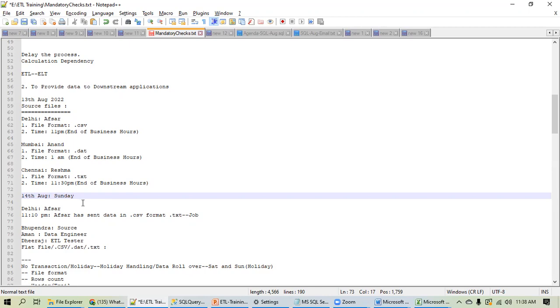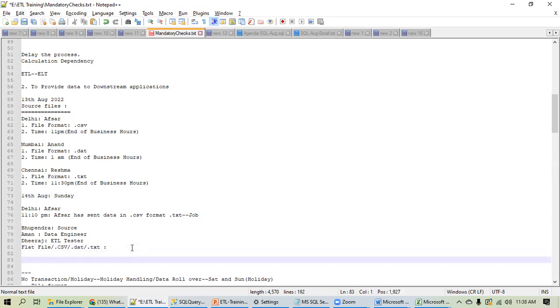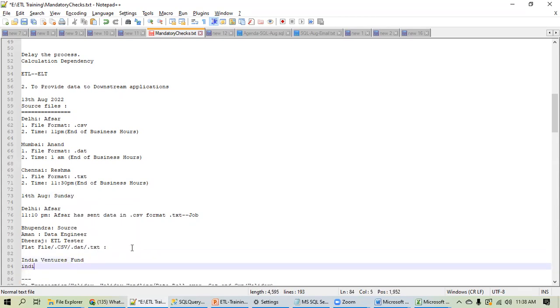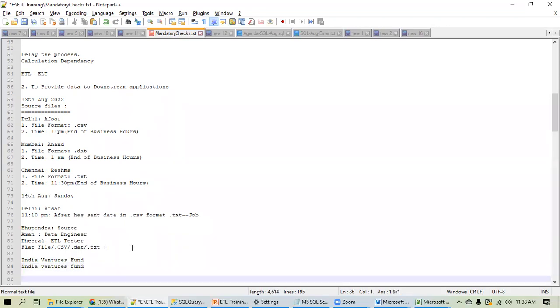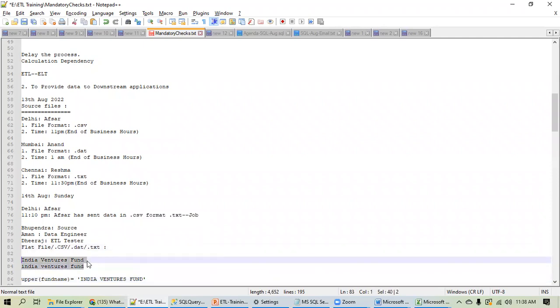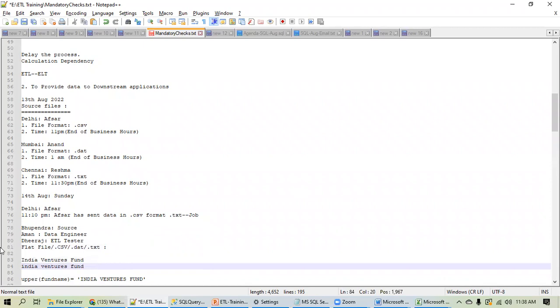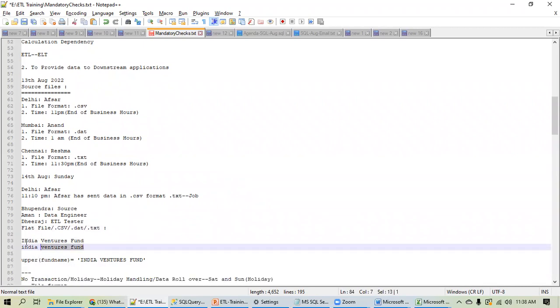Now suppose I have a fund named India Ventures Fund, and another fund with the same name in a different case. If I search in the database with upper of fund name equal to India Ventures Fund, both records will be fetched. But on the report, each will be shown as it is stored.